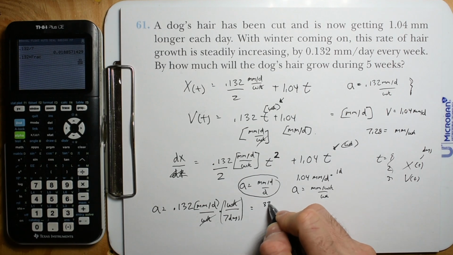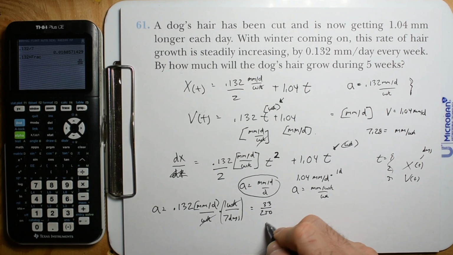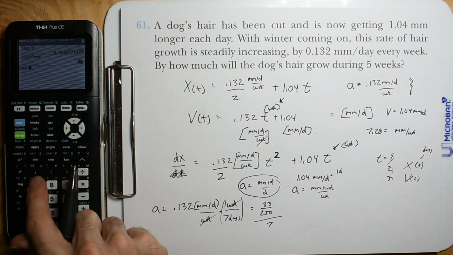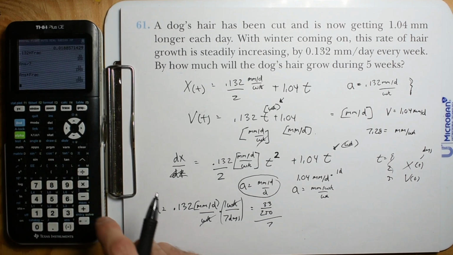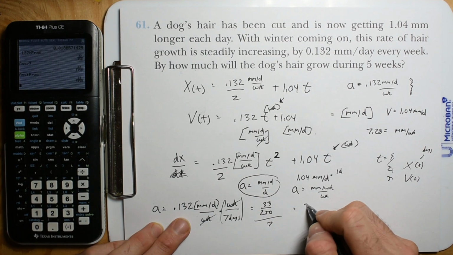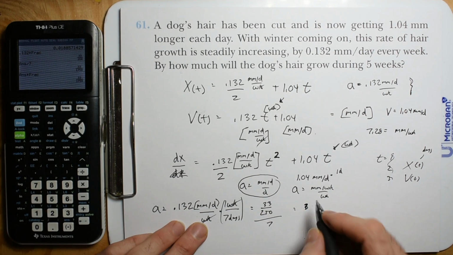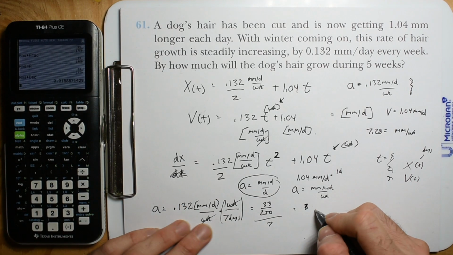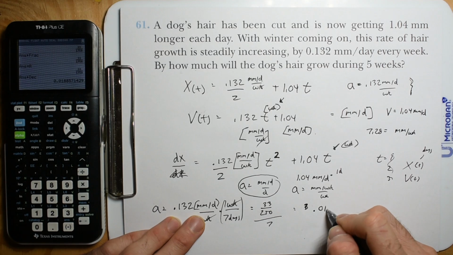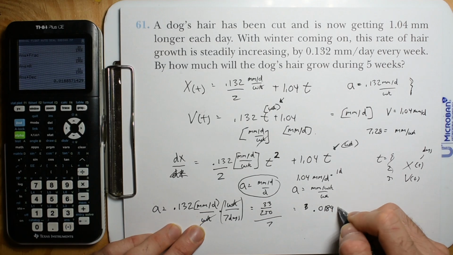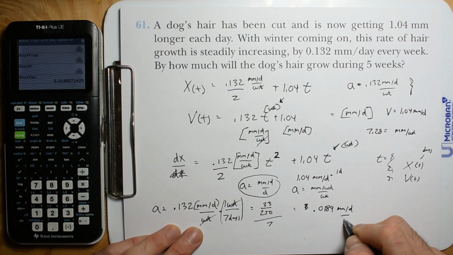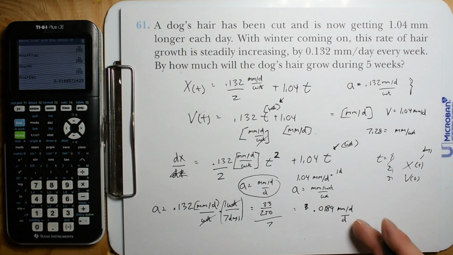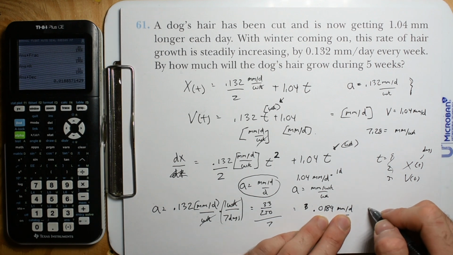So this is 33/250ths divided by 7. Well, let's just write it as is. I'm going to store that as our acceleration and change it to a decimal. So we get 0.0189 millimeters per day. So this is the rate of change of our velocity.